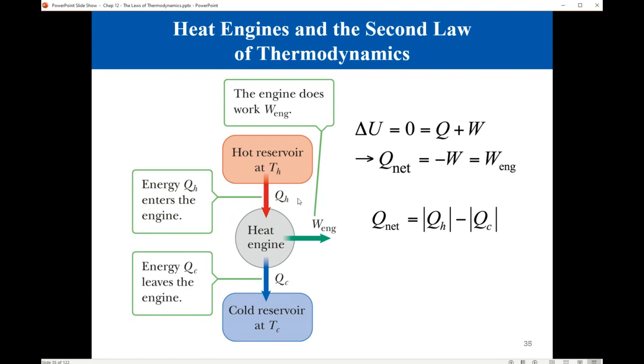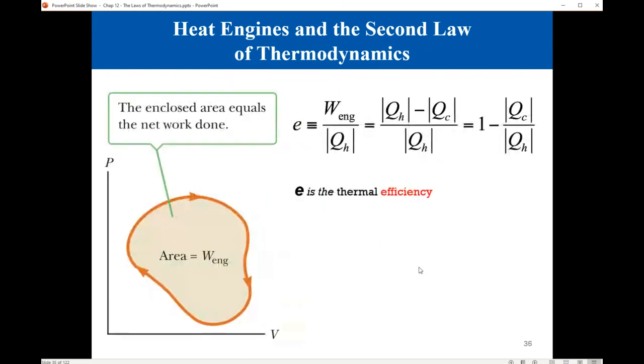So the difference between QH and QC, Q net, is equal to the work done by the engine. Here, this area represents the cycle. So the area in the PV diagram is equal to the work done by the engine.